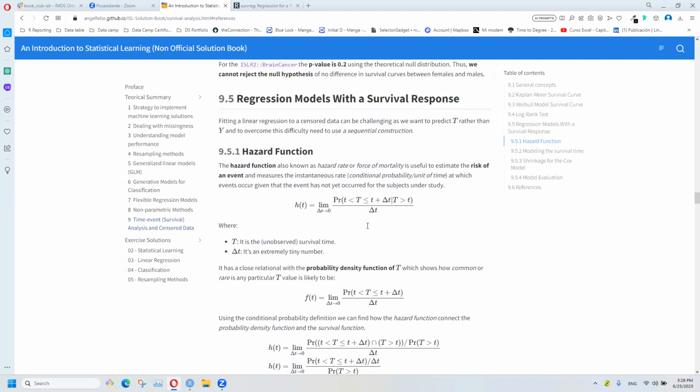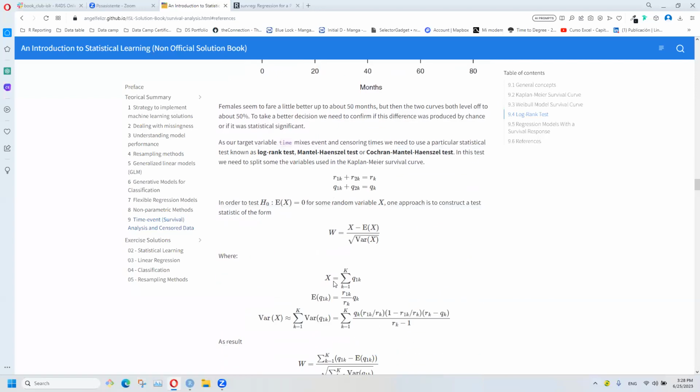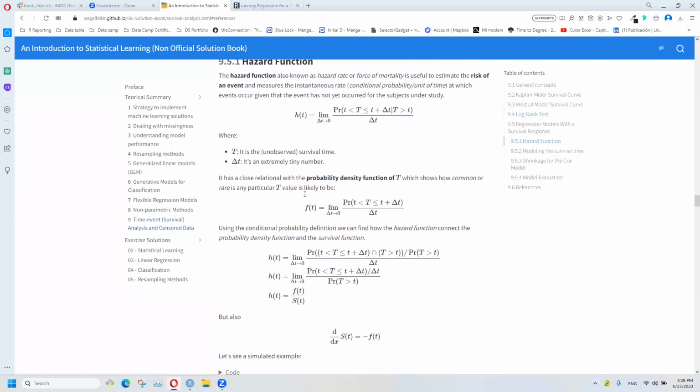That is the one that we were discussing, that we use Weibull to get. So this is the definition. The only point is that we don't have the conditional probability that it doesn't happen. That's the only difference between the hazard and the probability function.